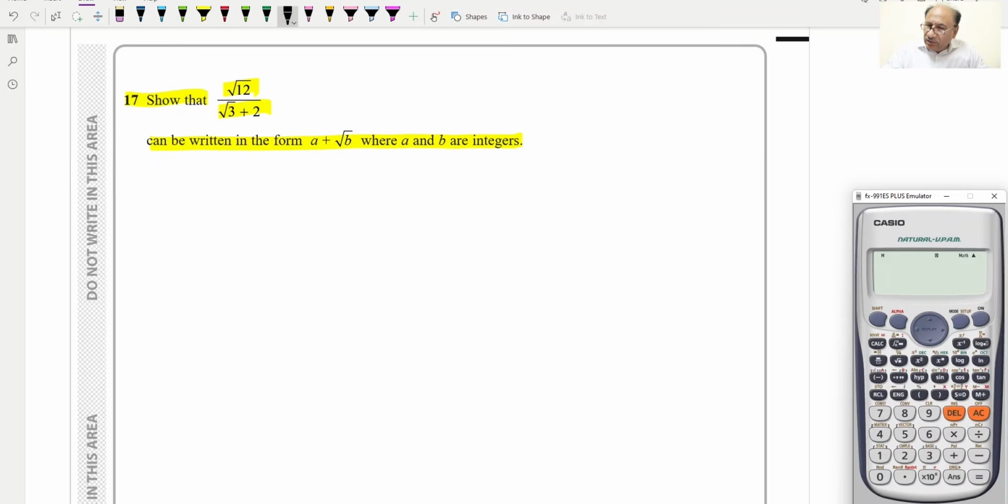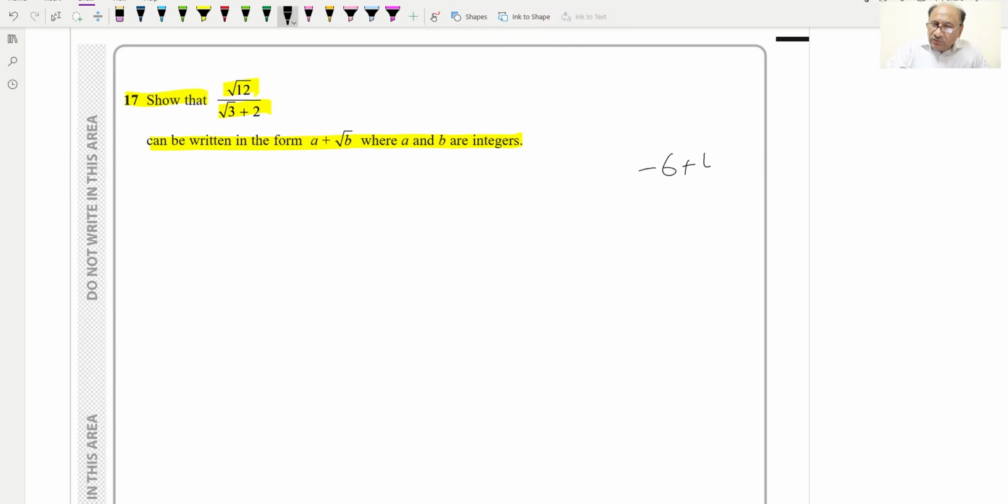If we type this in the calculator, root 12 over root 3 plus 2, it is equal to minus 6 plus 4 root 3. This should be our answer which we got by the calculator.